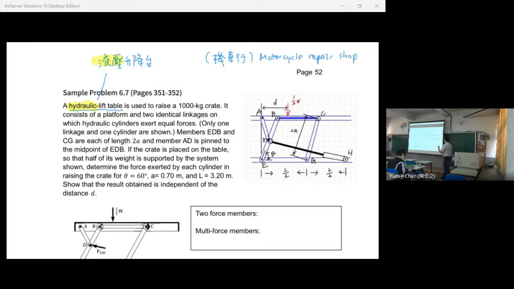You put your motorcycle here, and it can go up or down. So this is not a rigid body; it can go up and down. So this is a machine.